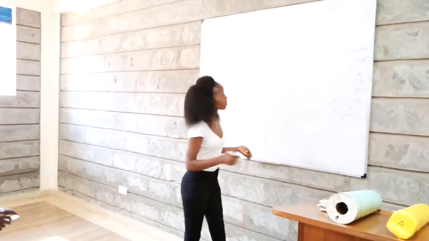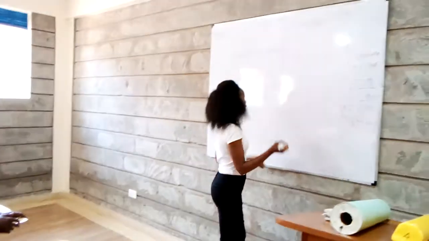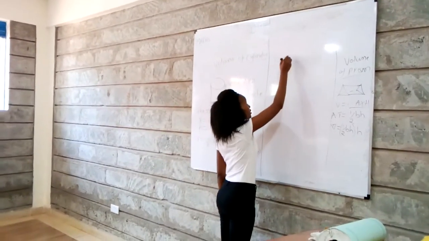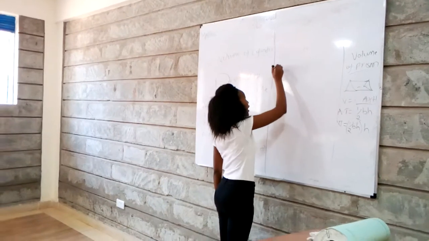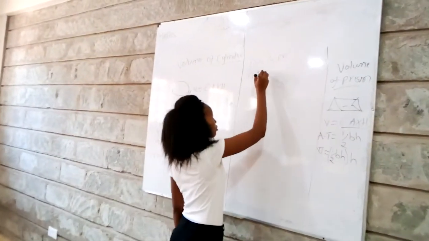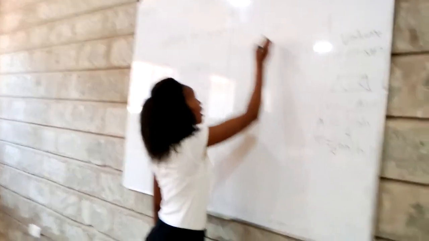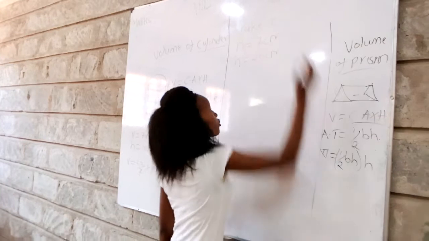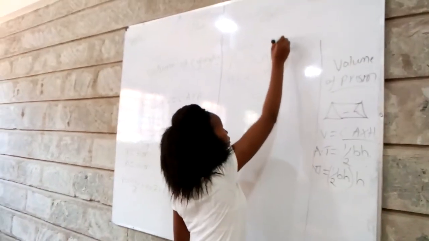Anyone to come and do this? Let's say that you have been given the diameter to be 7 centimeters and the height of a cylinder to be 20 centimeters. Then you take pi to be 22/7.